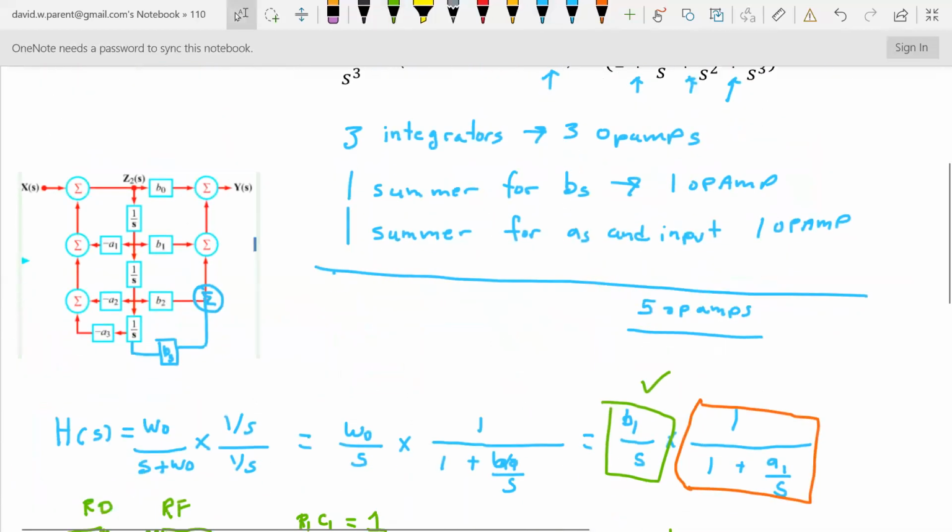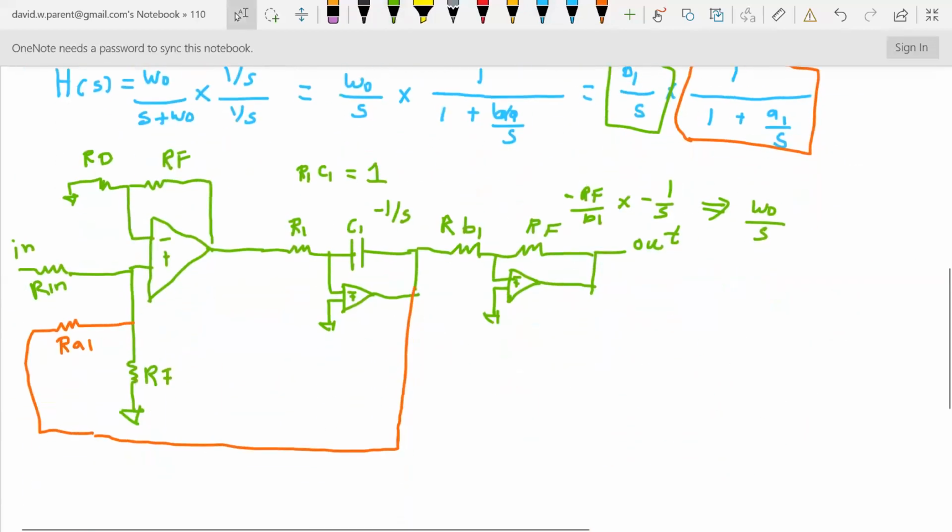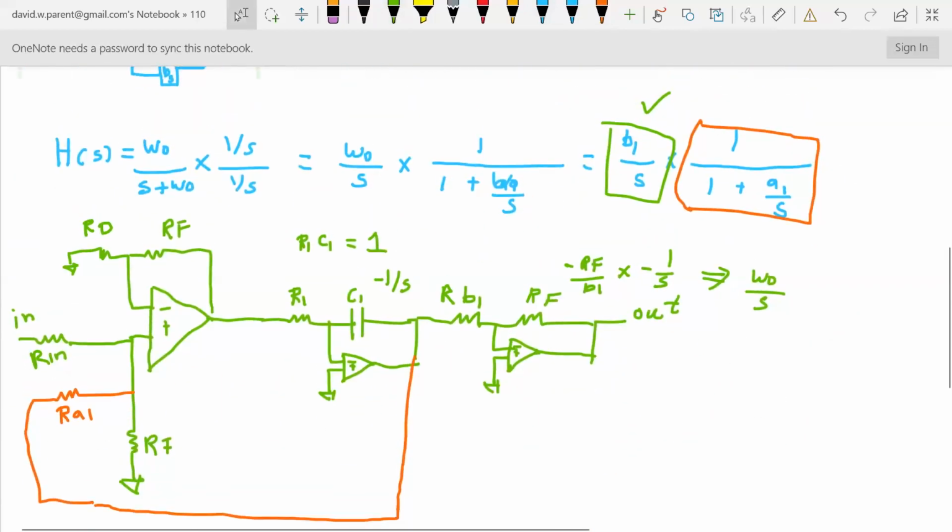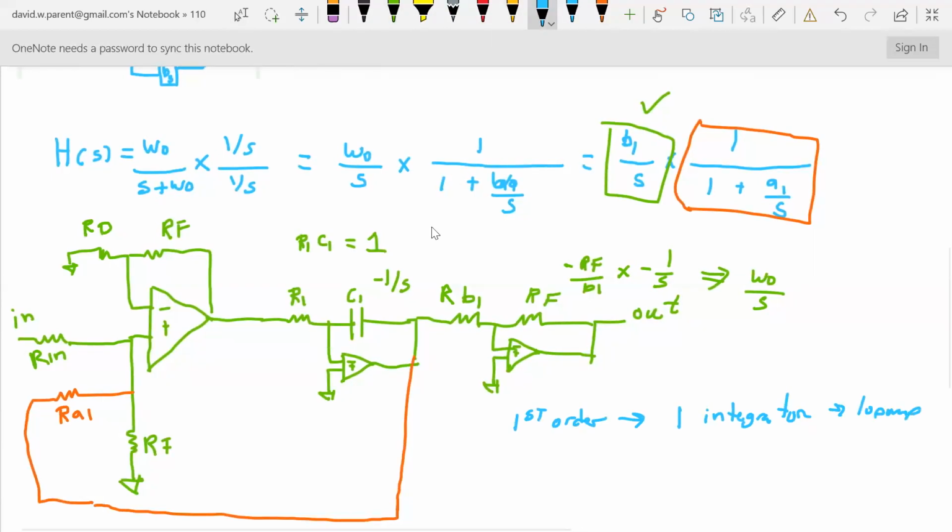So how many integrators do we need? Well, because it was first order, right? First order, 1 integrator, 1 op-amp.